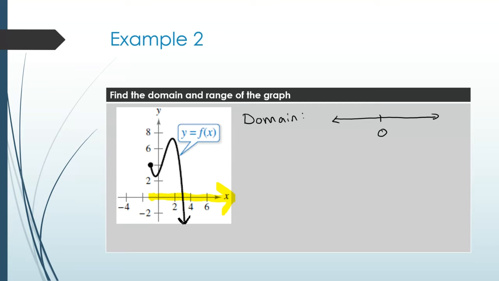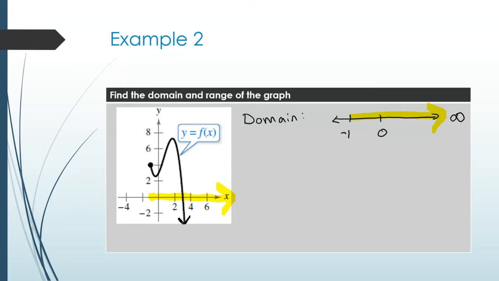So my domain here is, and I'm going to have to estimate because I don't know the exact values, but it looks like our horizontal axis, the x-axis, is counting by 2s, so it looks like we're halfway between a tick mark, which would be -1. So it looks like I've got -1, and then I'm going on forever with x values because of that arrow. So my number line is going to be -1, and then it's going towards positive infinity.